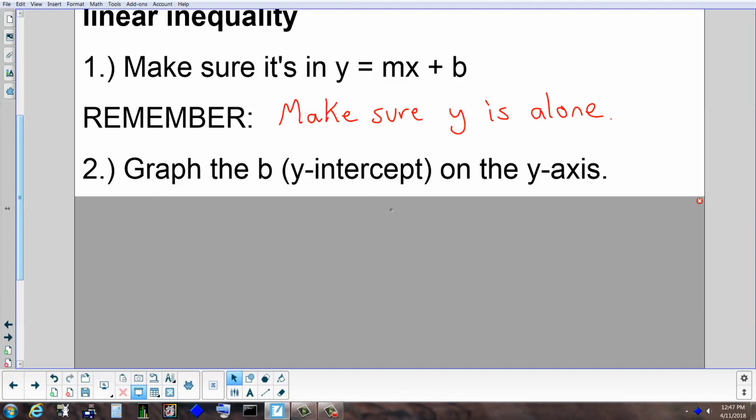All right. After that, Jack, after that, what do we have to do? So we've graphed the y-intercept now, right? What will we use next in the problem? So we have the y-intercept. What's the other thing that we have in the problem?